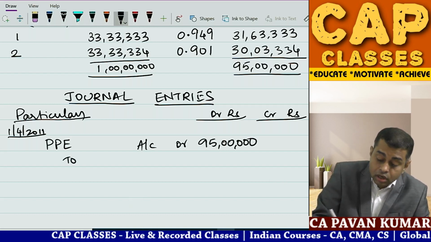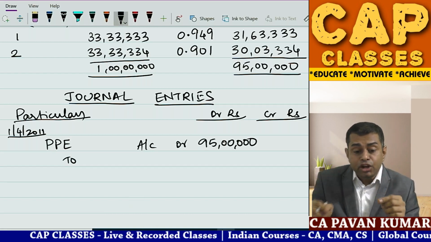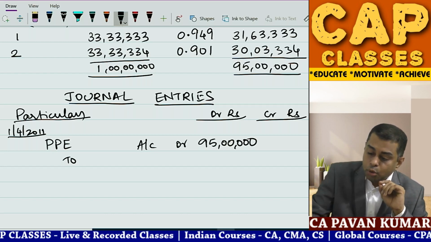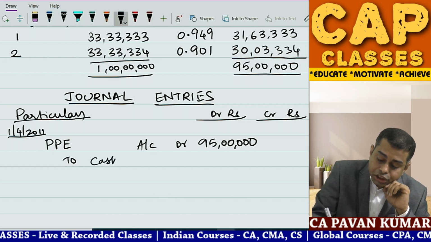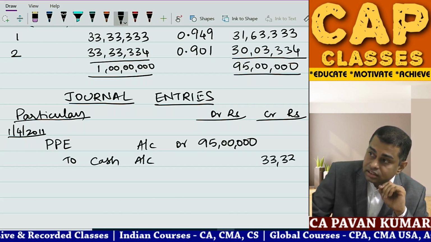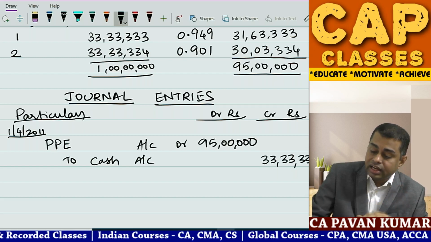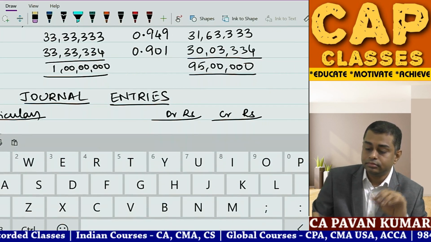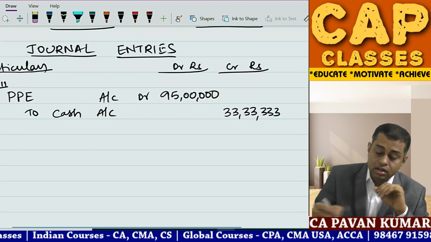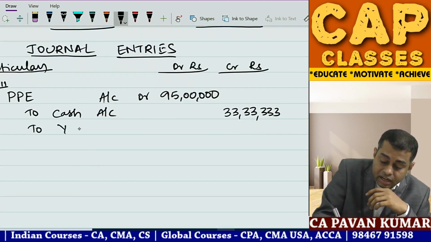On the day when you purchased the asset itself, you made one payment, no? How much did you pay? To cash account 33 lakhs 33,333, to Y Limited account.